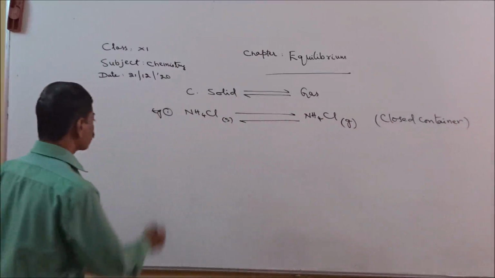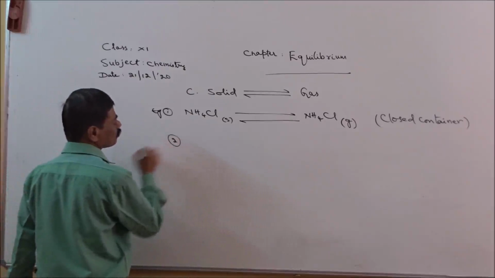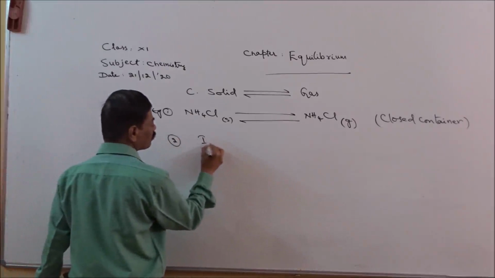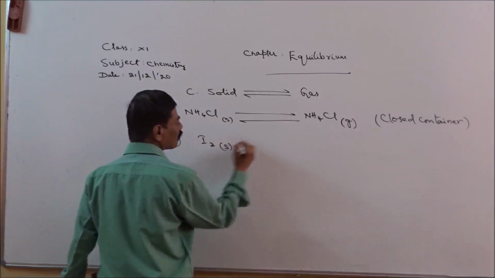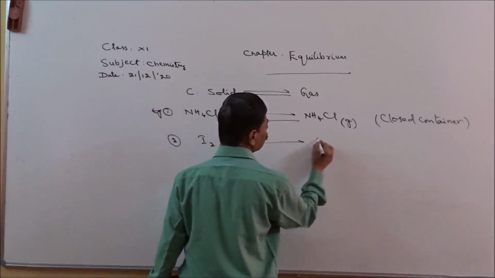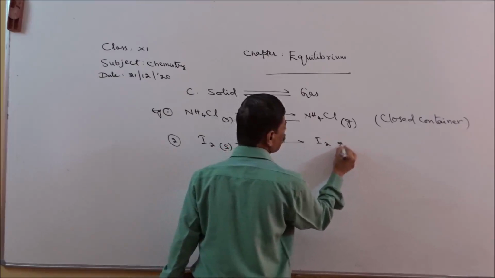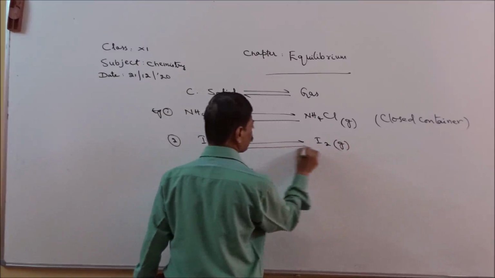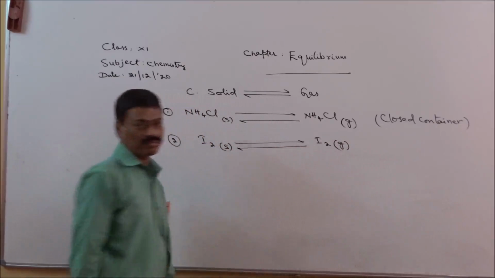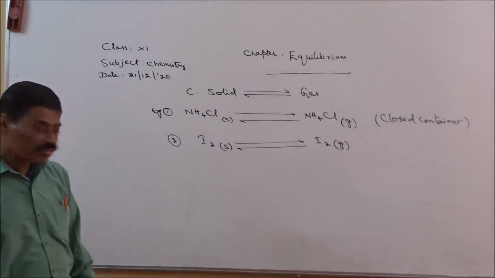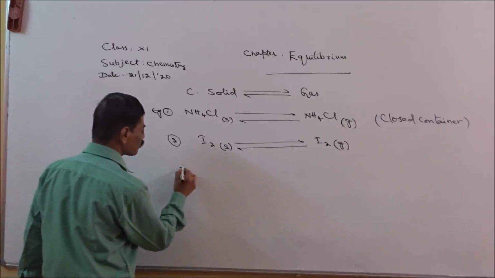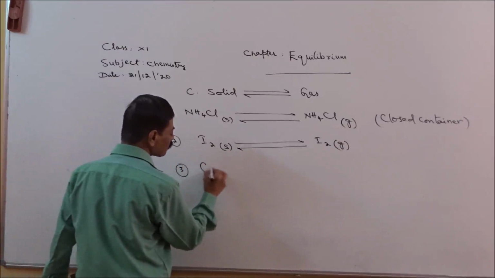Next, example 2. Iodine crystals, when they are heated, are directly converted into gas, and when it is cooled, it enters into solid form. Number 3, camphor.